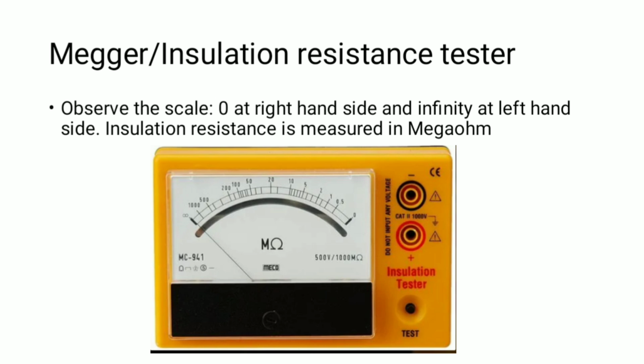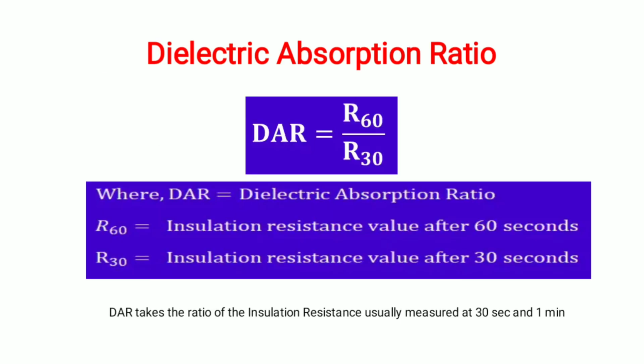Insulation resistance is always measured in mega ohm, and on the right hand side the scale is 0.